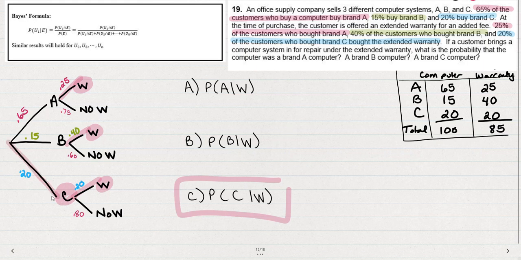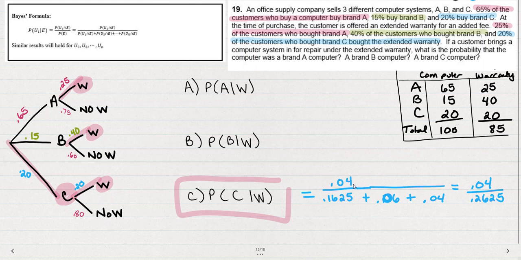And if we know it was one of the three branches that had a warranty, we're going to have 0.04 divided by the sum of 65 times 25 gives us the 1625, 15 times 40 gives us 6, 20 times 20, 20% times 20% gives us 4%. So when we add those up, we get 0.2625, and I'll leave that final calculating to you so that we have enough time for this last example.